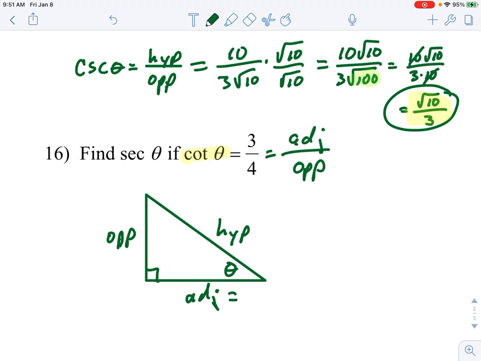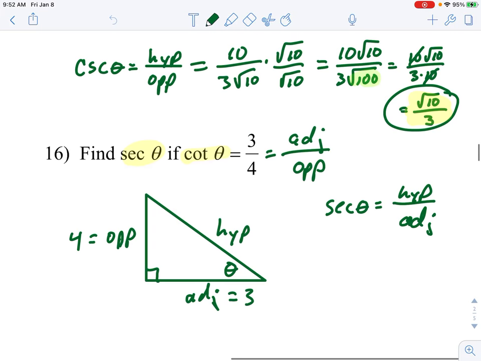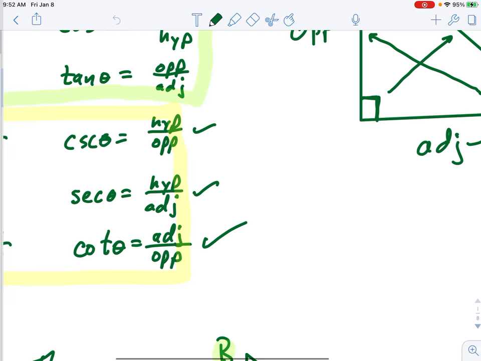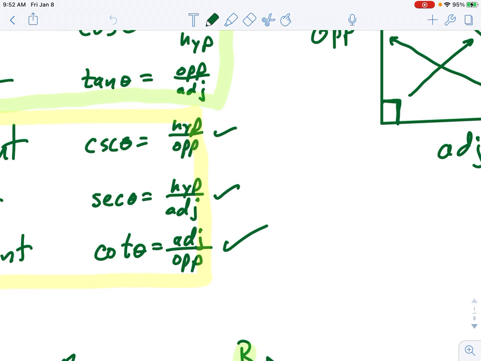So this is 3, this is 4. The question is asking for secant. Secant of any given angle is hypotenuse over adjacent, right? Why am I having trouble remembering? Secant, hypotenuse over adjacent, yep, right there.